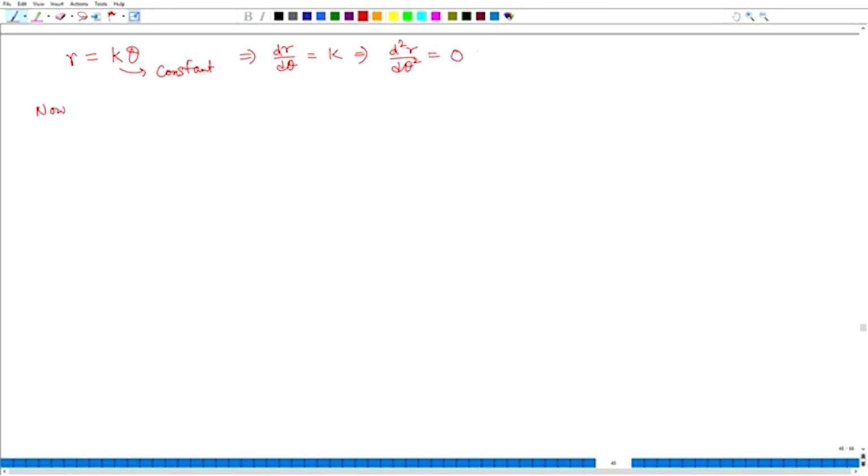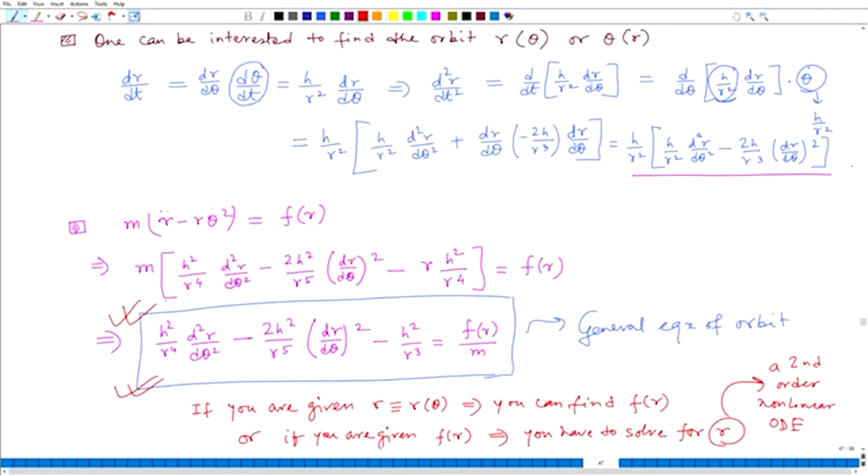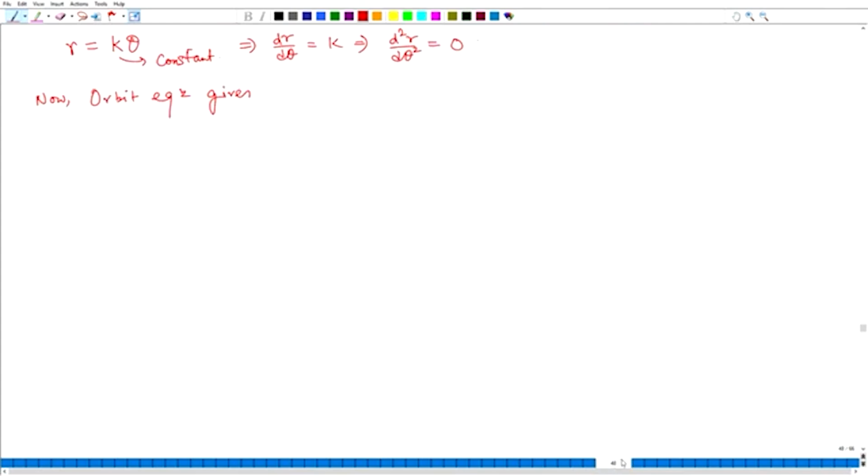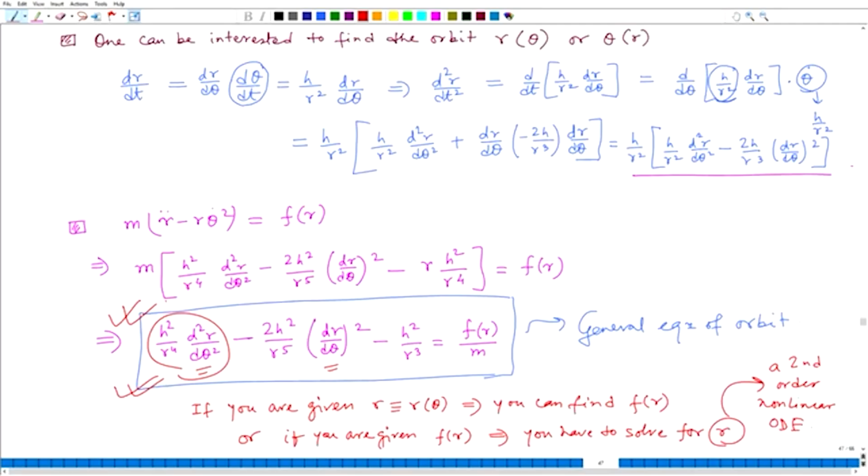Now the orbit equation gives this. So, this term will be 0, this term will be simply k square. So, it will have minus 2h square k square by r to the 5, and also minus h square by r cube.